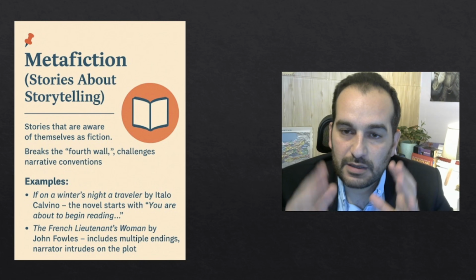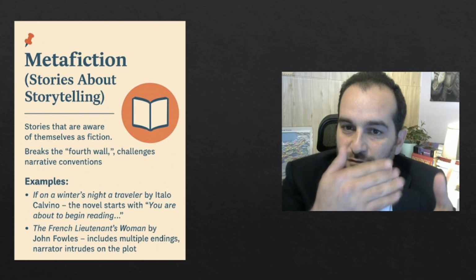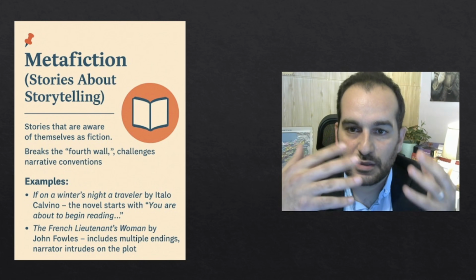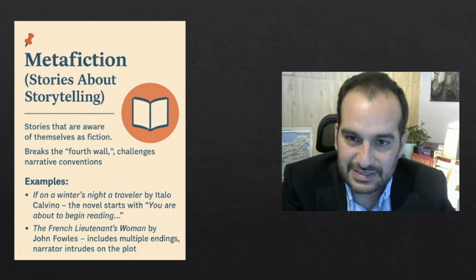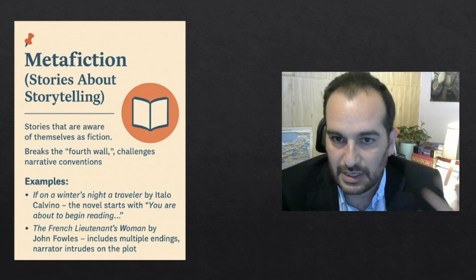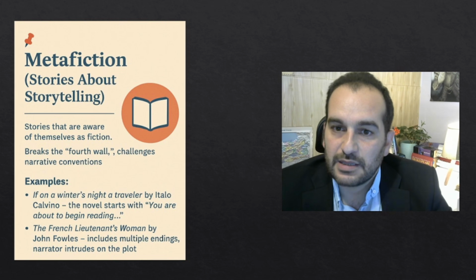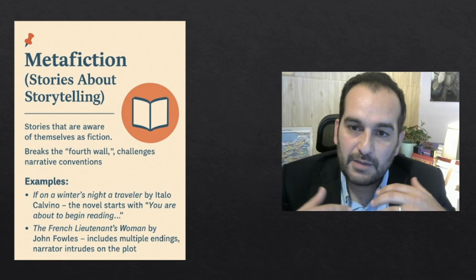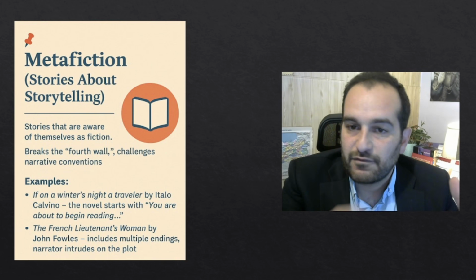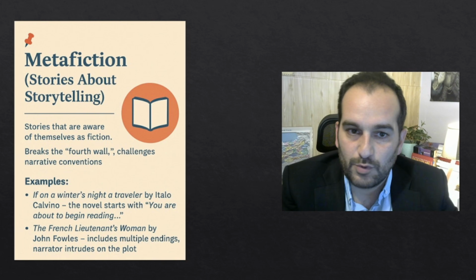So here the author breaks the fourth wall between the reader and the settings of the play or the literary work by saying that this is a fictional work, by referring to the act of writing this literary work.